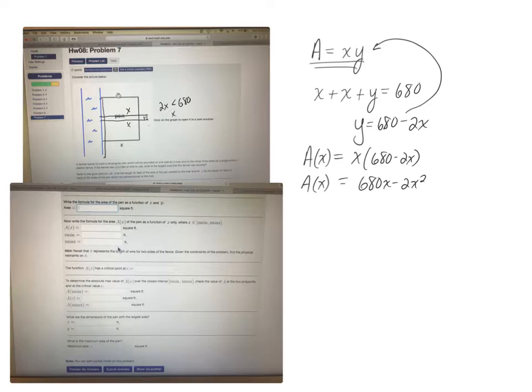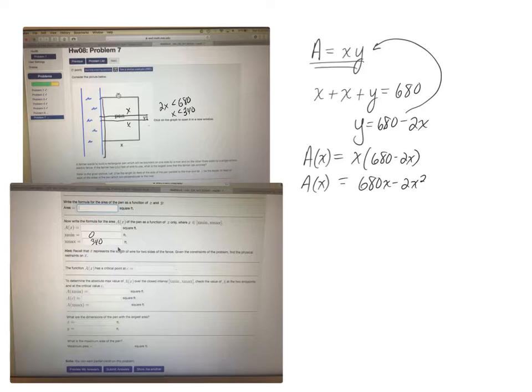So that means one x would have to be less than 340 feet. So I would say the domain for this is 0 for x min and, I'm sorry, 340 for x max.